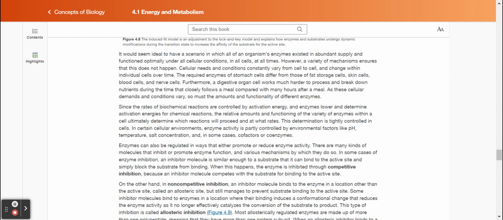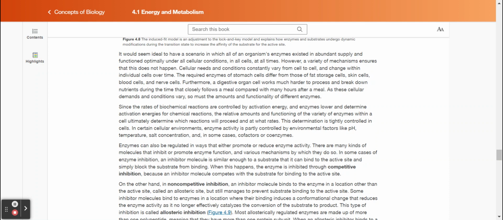The required enzymes of stomach cells differ from those of fat storage cells, skin cells, blood cells, and nerve cells. Furthermore, a digestive organ cell works much harder to process and break down nutrients during the time that closely follows a meal, compared with many hours after a meal. As these cellular demands and conditions vary, so must the amount and functionality of different enzymes.